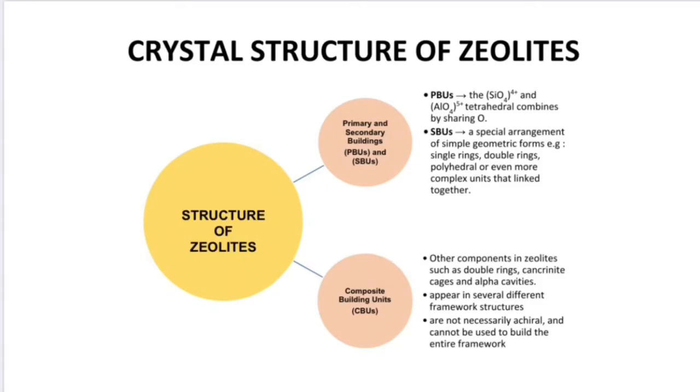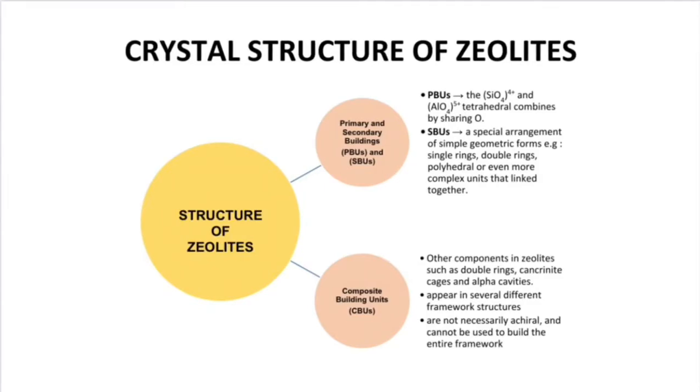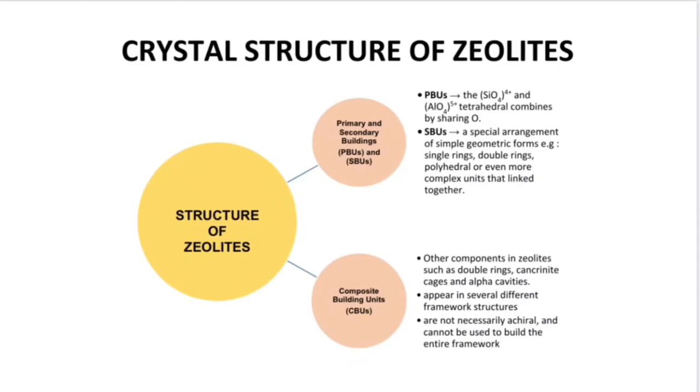And these two cations are surrounded by 4 oxygen anions. While for secondary building units, it is actually a special arrangement of simple geometric forms that include single rings, double rings, polyhedral, or even more complex ions that link together.